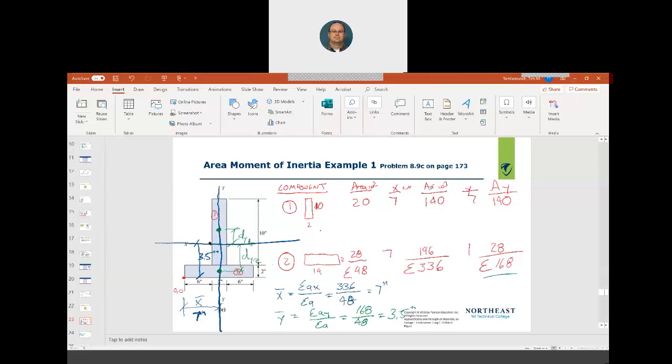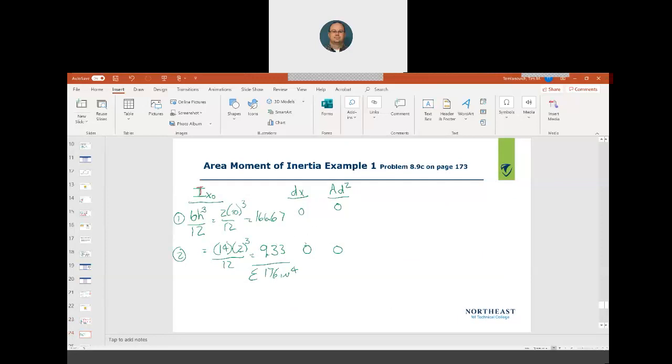This one here, same thing. So there is no parallel axis theorem. There's nothing that's acting in the x direction. So you take the area times that distance squared. Any number times 0 is 0. So that's where we get that. We sum this up, we get 0.